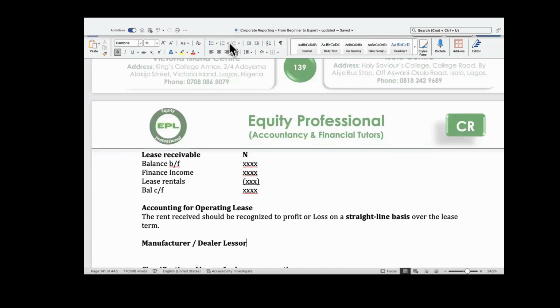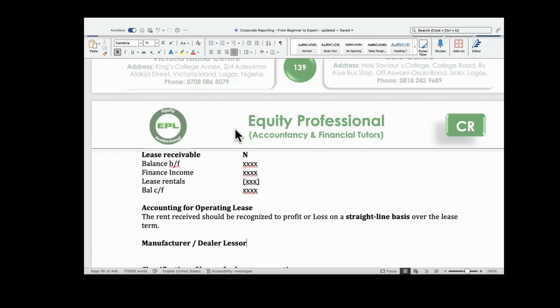It's just like somebody that sells cars. He has a car lot. He sells cars. For whatever reason, maybe sales are not coming as fast as possible, he leased out one of those cars, a car that ordinarily he should sell.